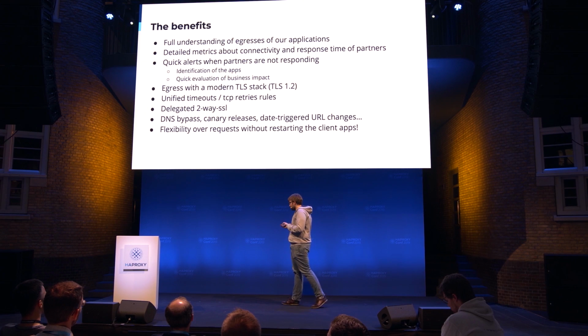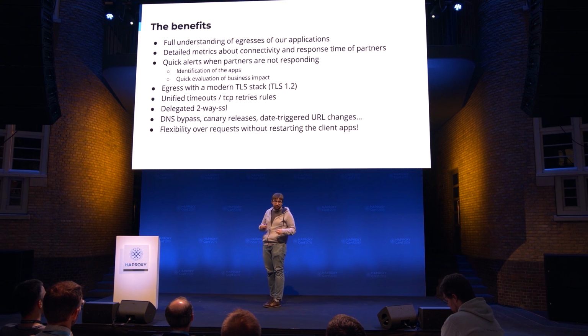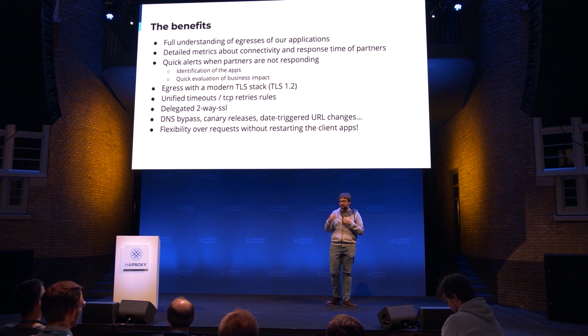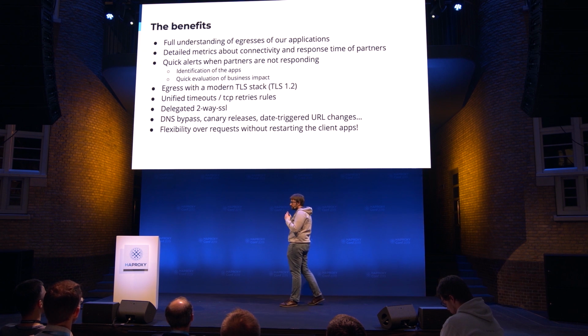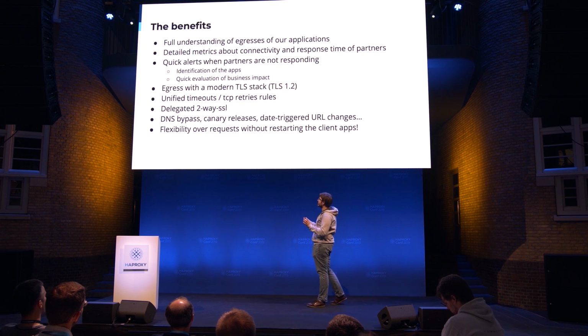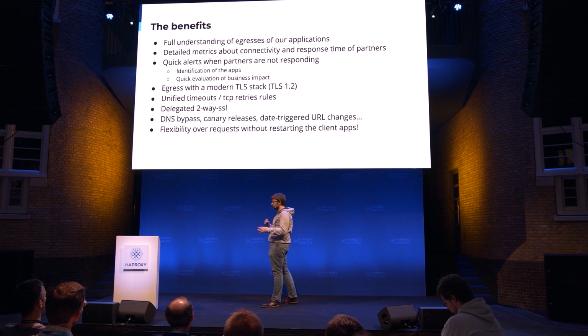And it also means that when we want to change something, like a URL, we don't need to restart the applications anymore. You can imagine that with a 20-year-old application, you would need to restart it multiple times to tune a URL, and usually you want to avoid that.